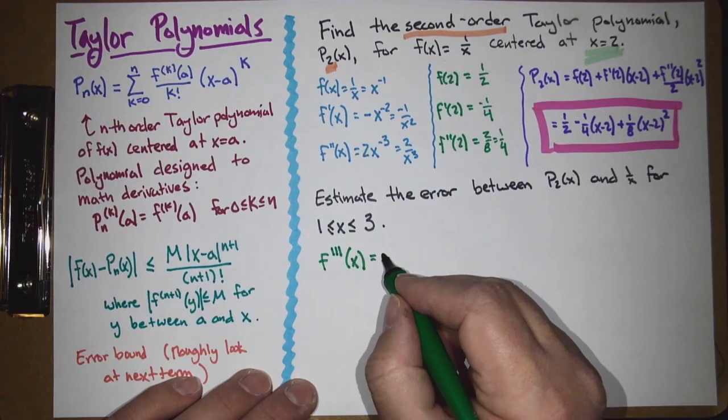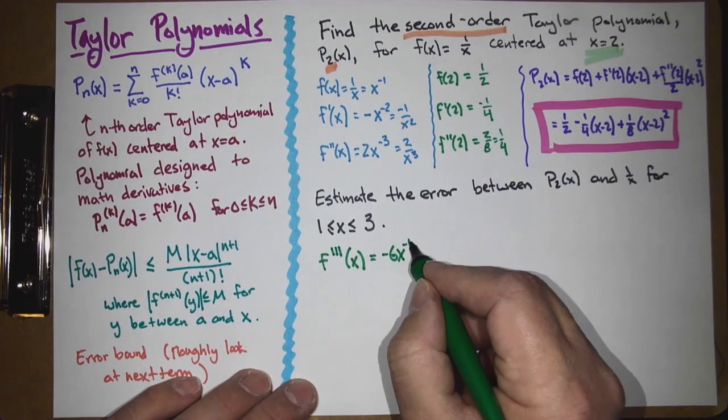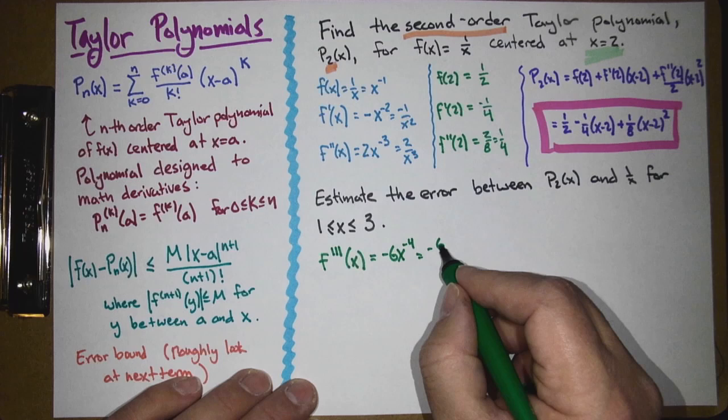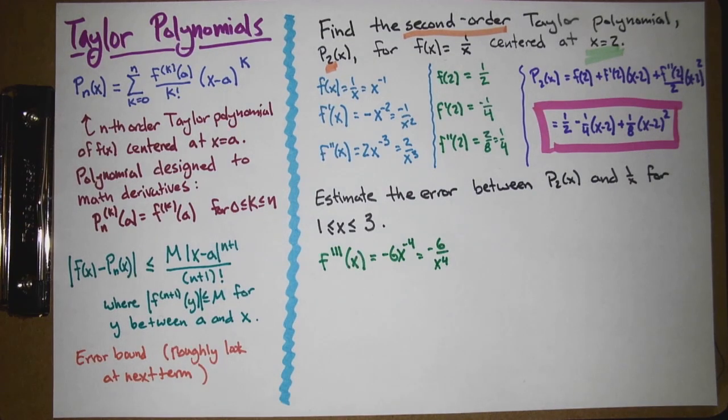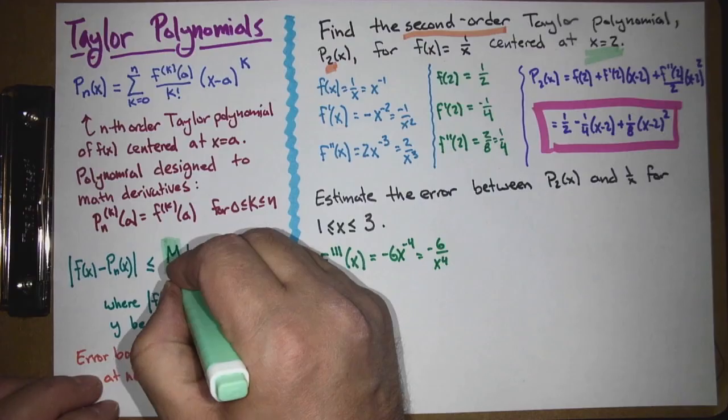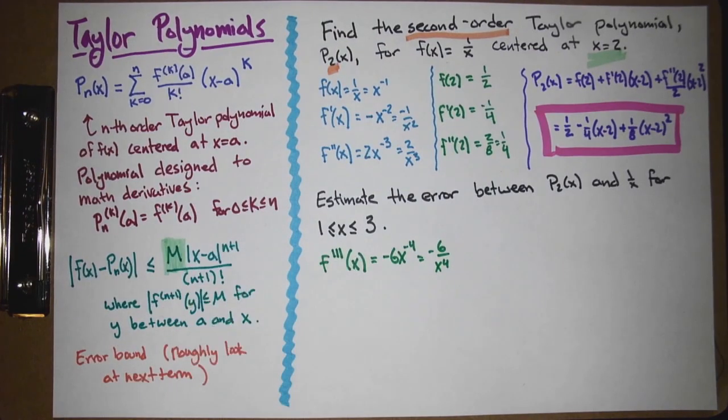And that would be negative 6, x to negative 4. If you like, that's negative 6 over x to the 4th. Now, the important step in the error is the m. This other part is more or less automatic, so we're putting our energy into the m.